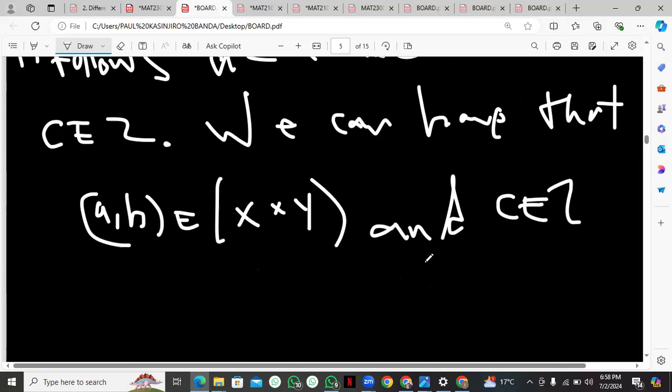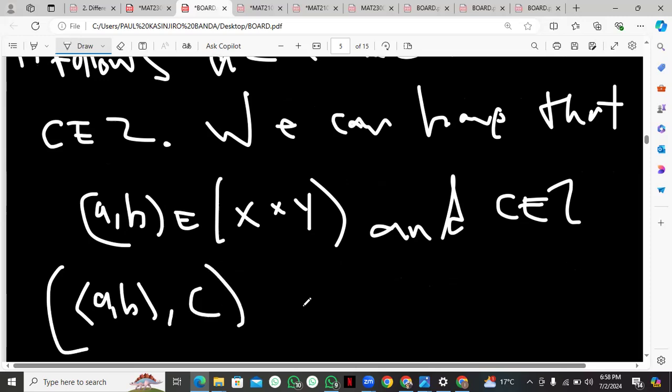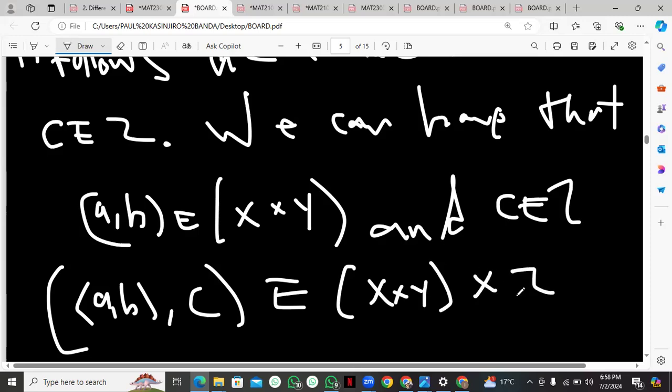So if I complete it here, I will say that my coordinate A, comma, B, which I take as one coordinate, comma, this coordinate C, is actually a member of the set X multiplied by Y, and then I multiply by Z outside there.